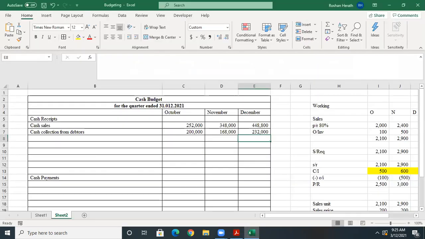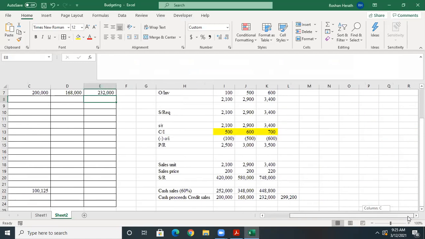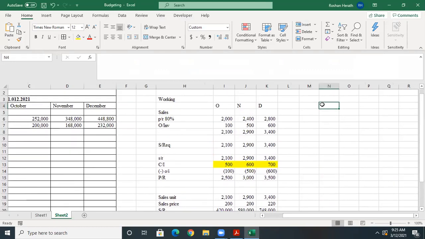So the material usage budget is easy enough to produce. You can do that as a working too. Material usage and purchase. So you are having basically two products.